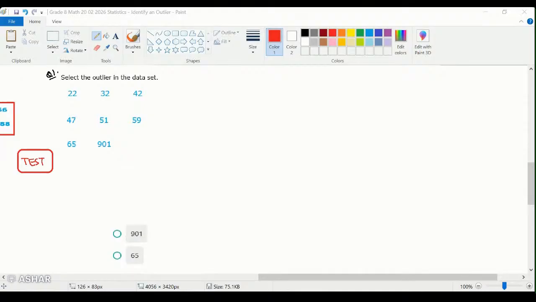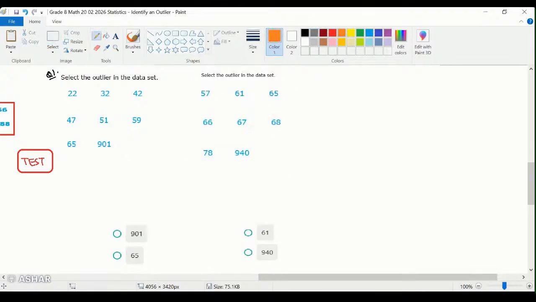I'm waiting for you to respond. See, we have to look at the minimum number, or we have to look at the maximum number. Whichever number is further away will be the outlier.